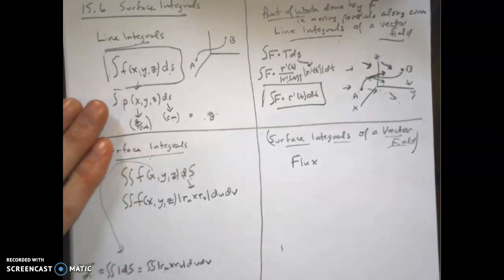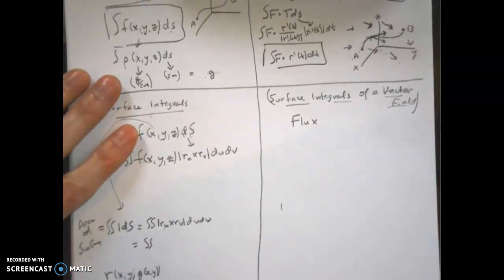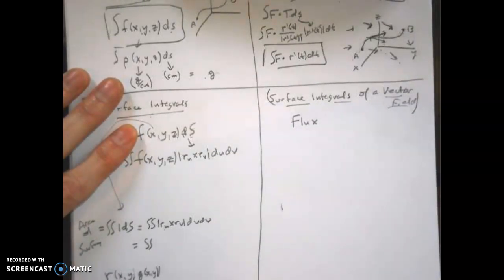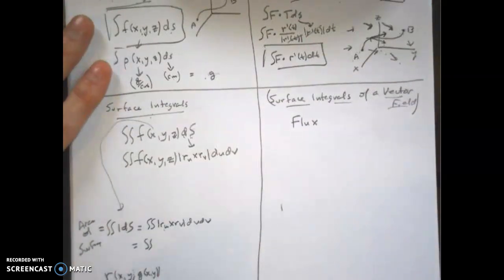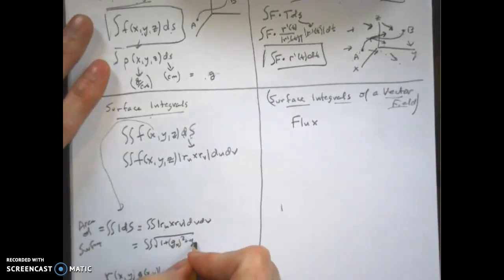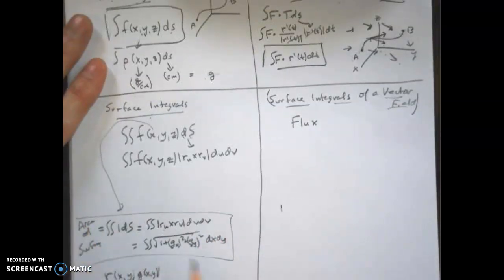So the magnitude of r_x cross r_y was equal to the square root of 1 plus dg dx squared plus dg dy squared. Sorry, that's squared. So your area of a surface could also be written as the double integral of the square root of 1 plus dg dx squared plus dg dy squared, dx dy. Okay, so that's the area of your surface, just to recap that.